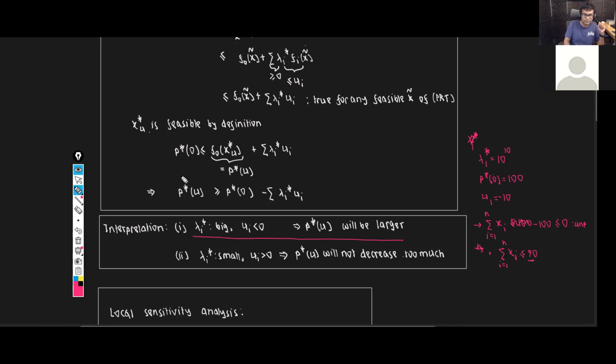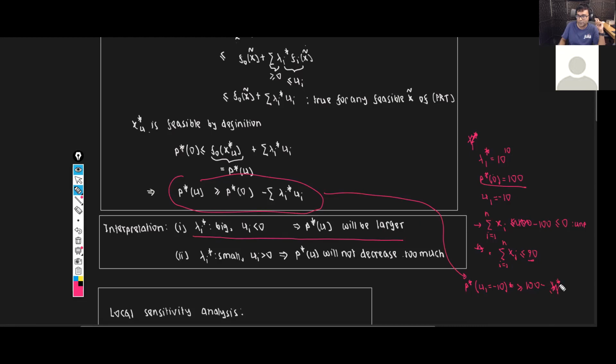Now what does this theorem tell us? Let's say every other constraint was not perturbed. Then your new p star, under the condition that U1 is equal to -10, so you tightened the budget of your first constraint by 10 units, is going to be larger than p star 0, which was 100, minus your first dual multiplier lambda 1 star.